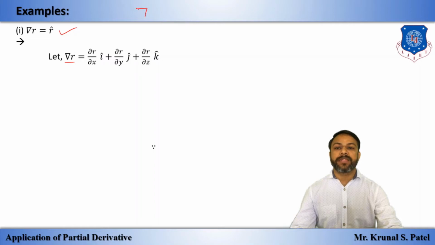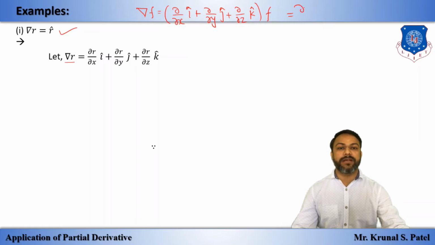As we have seen, if we want del f, that means del by del x i cap plus del by del y j cap plus del by del z k cap of f, so we multiplied this f into the bracket. So we have del f by del x i cap plus del f by del y j cap plus del f by del z k cap.